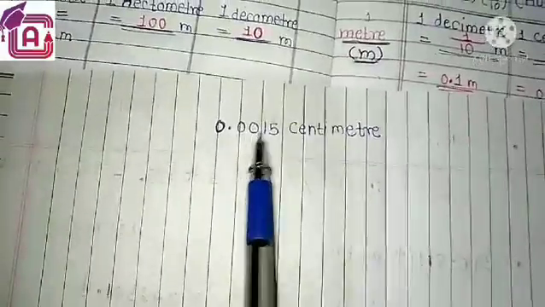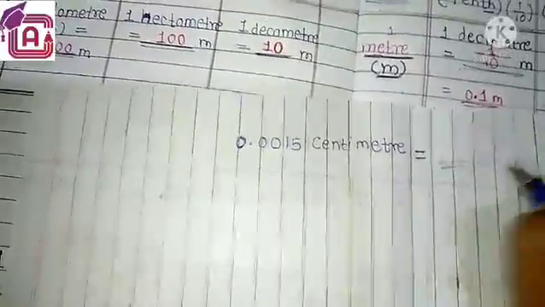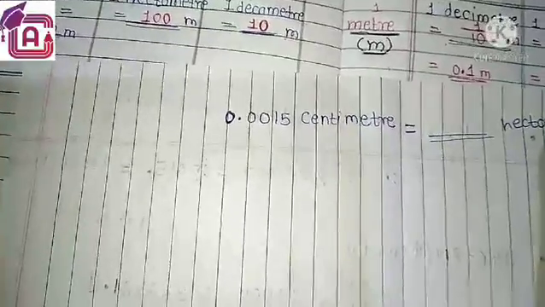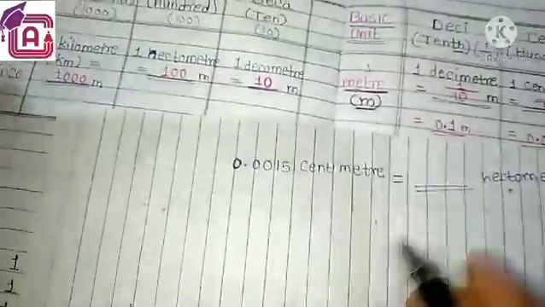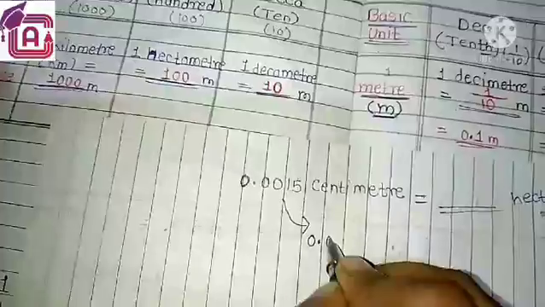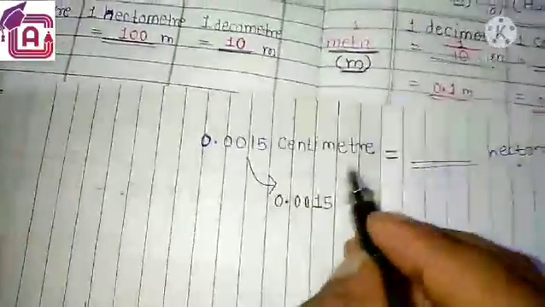Now if you have to go from left to right, then how to do it? I am taking one example: 0.0015 centimeter is equal to how many hectometer? How to calculate? First we write the given number, 0.0015, and then centi to hecto.